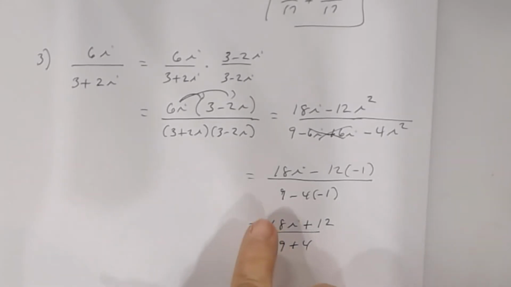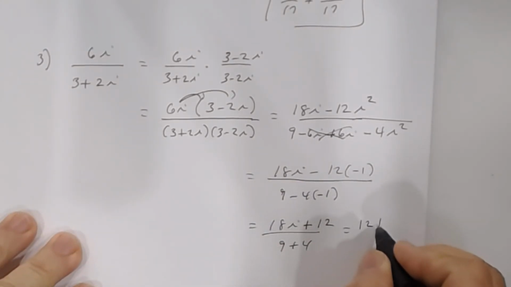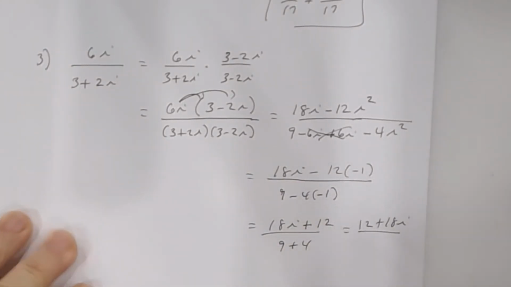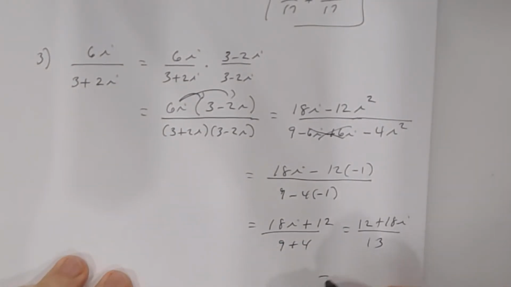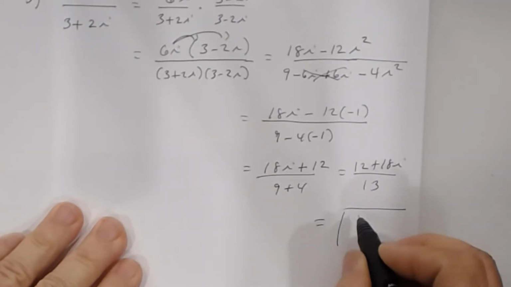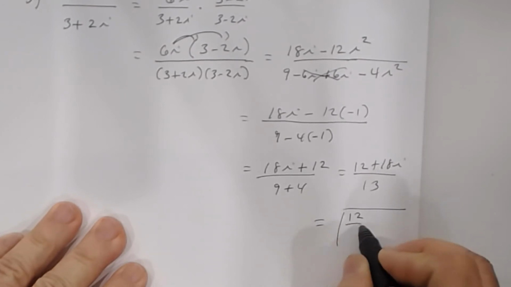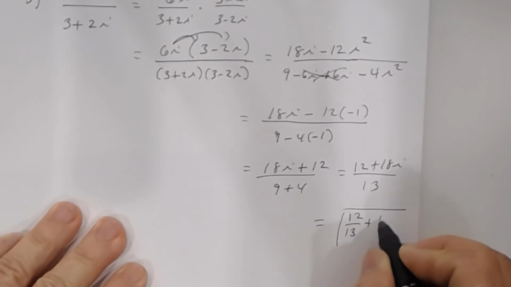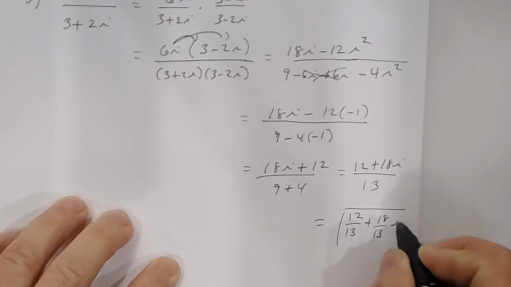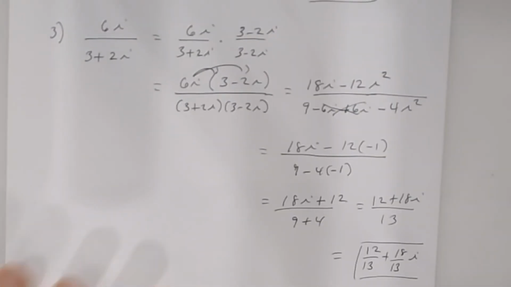So it will be a good idea at this point to rewrite 18i plus 12 as 12 plus 18i divided by, and what's 9 plus 4? 13. And so what's the answer? 12 over 13 plus 18 over 13i. That's your answer.